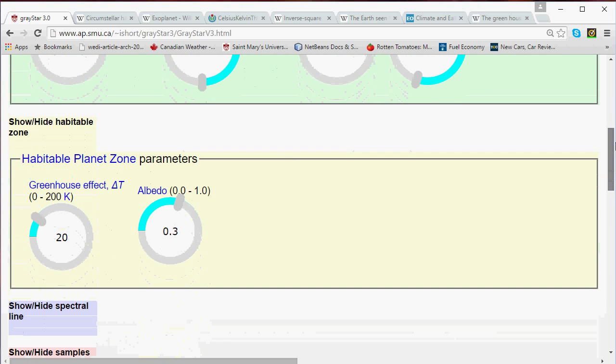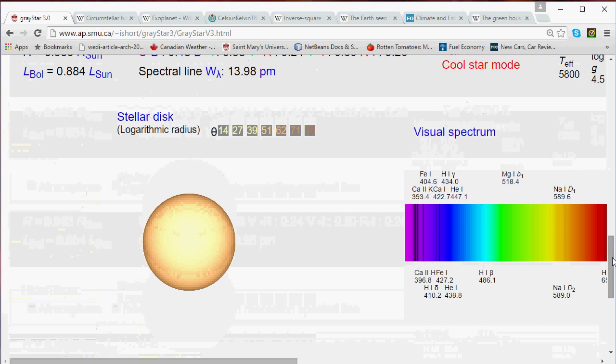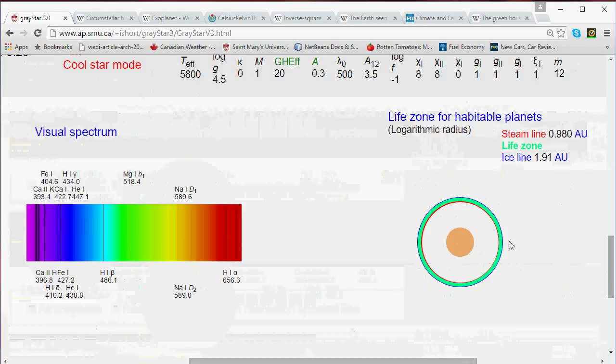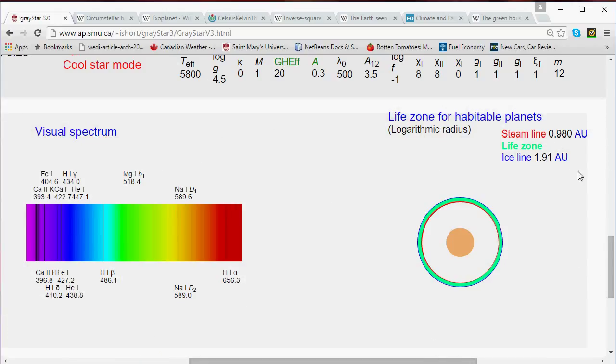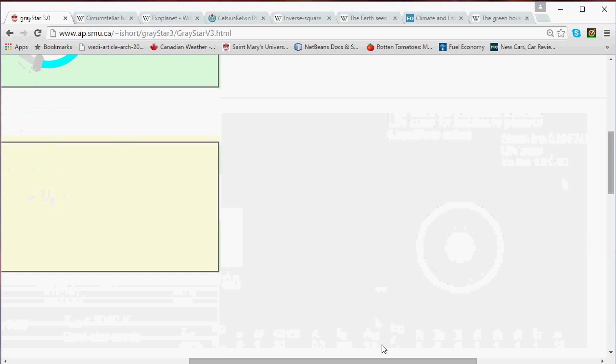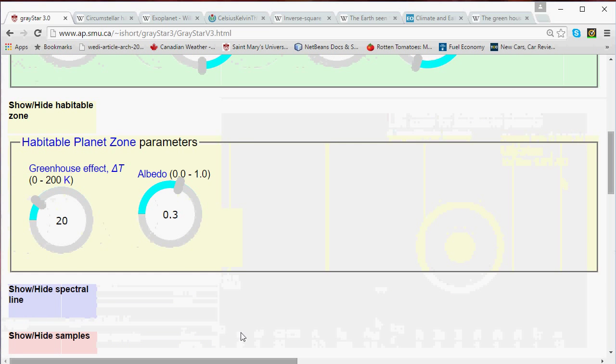Now, when gray star 3 first loads, the parameters for the planet default to values that will give us the right result for the Earth's circumstellar habitable zone. Values that will give us a circumstellar habitable zone that straddles 1 astronomical unit, where the Earth is. So coming back to this control panel where we have the planetary input parameters, you can see that the albedo is being set to a value of 0.3. That's the value that Earth has.